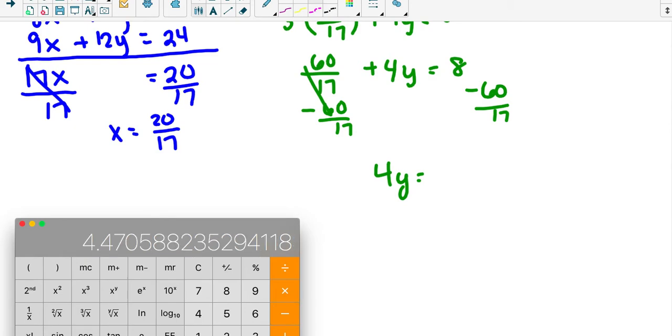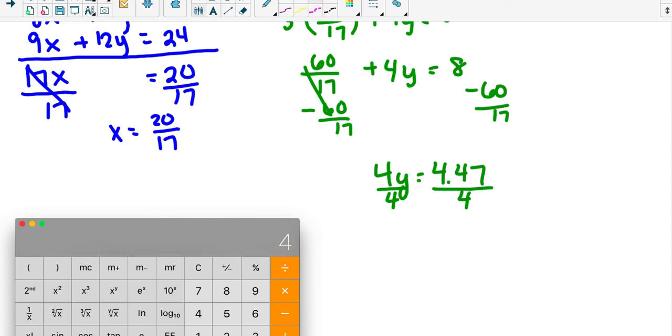So the answer is then 4.47, as you can see. But that says 4y equals that number. So you want to divide both sides by 4. So divide this number by 4, and your answer is y equals 1.12.